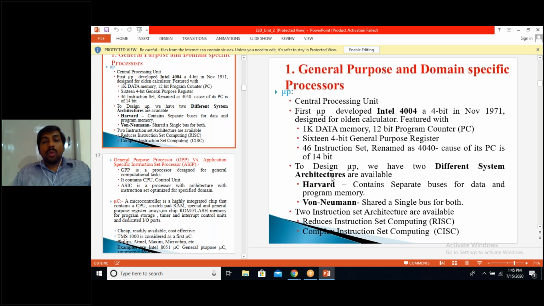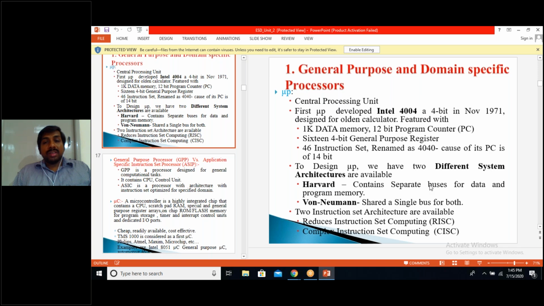So to design the core, we have to consider one architecture. The architecture is a Harvard architecture or von Neumann architecture. Harvard architecture means the processor is containing a separate bus between program memory and data memory. So program memory is the program written by the manufacturer, how an embedded system is going to operate. Data memory is the in-between data.